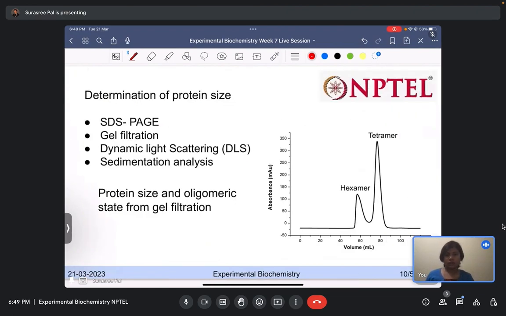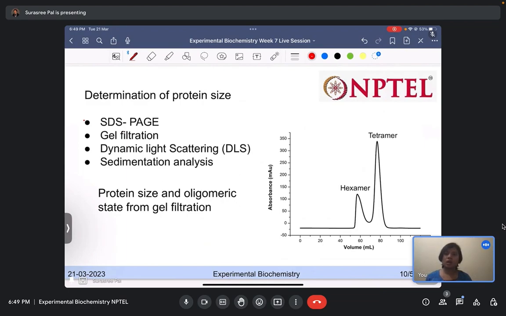Now after we have purified our protein, the next thing that comes is how do we determine the size of the protein. There are several methods that we can use for determination of protein size. One is SDS-PAGE, which is very common. We run the protein sample in the SDS-PAGE polyacrylamide gel, and we also run a protein marker along with it.